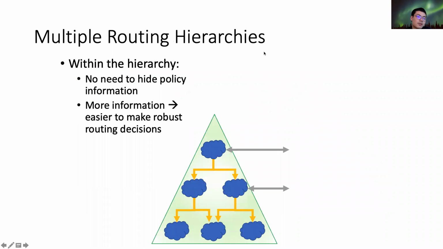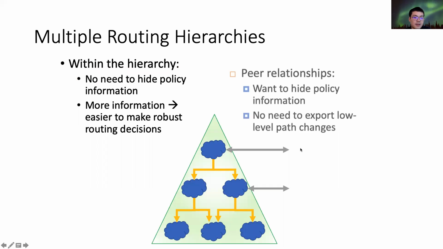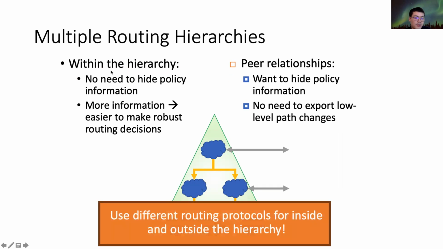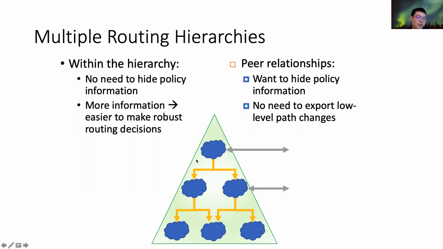And there's also a multi-level routing hierarchy. The first is within the hierarchy, within the green triangle. There's no need to hide the policy information. You just say, hey, why do I choose this route? Because it's short. Everyone knows why each other is taking it.